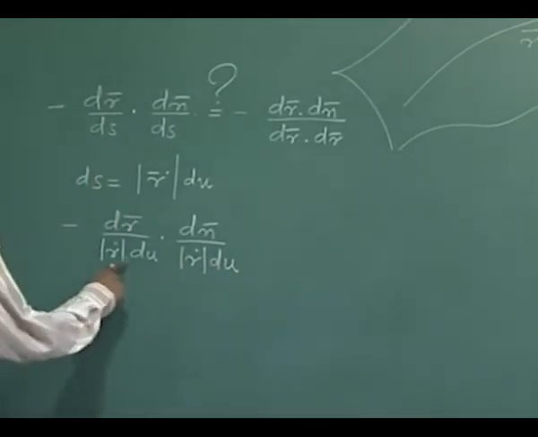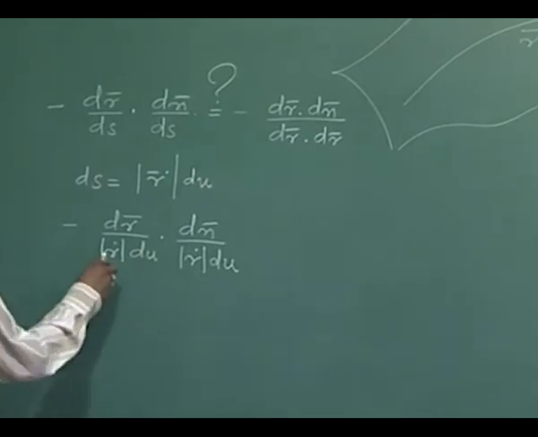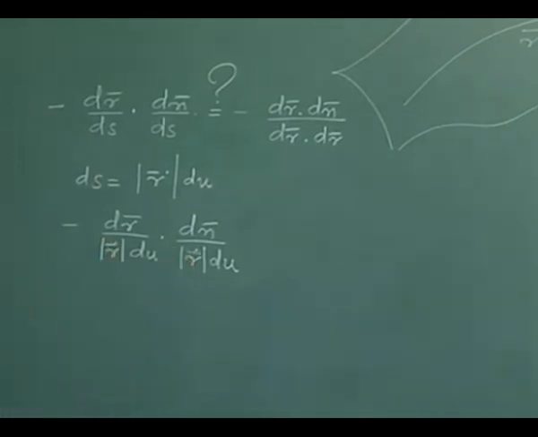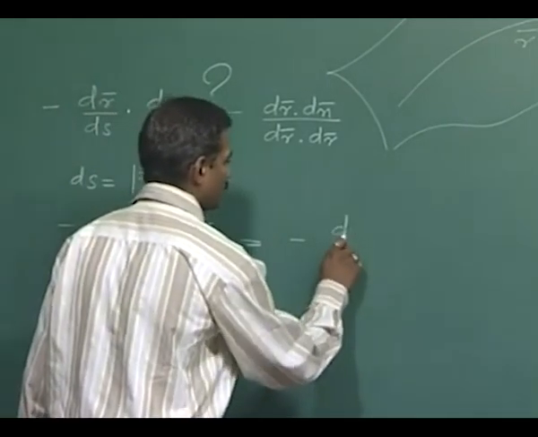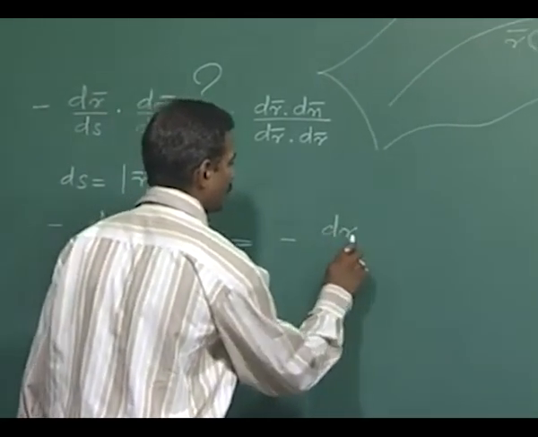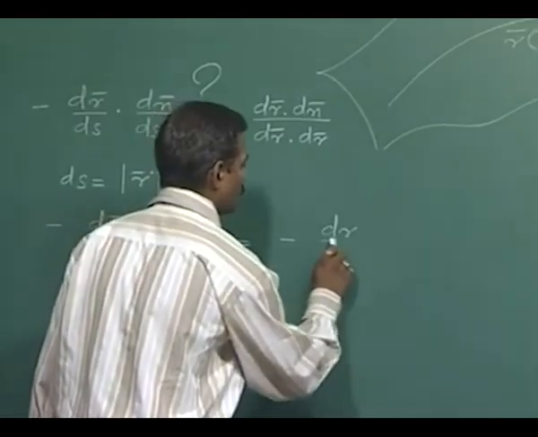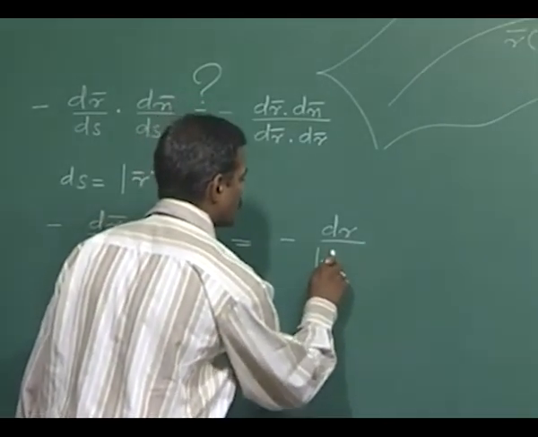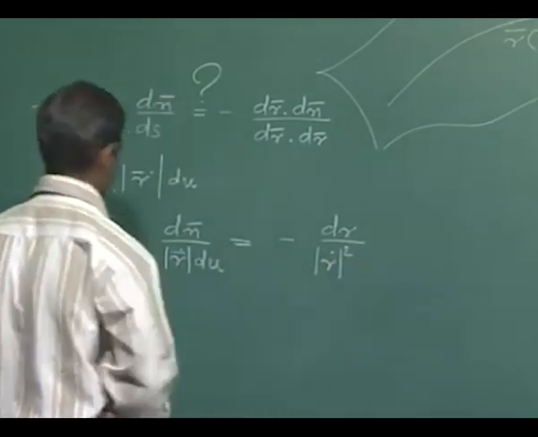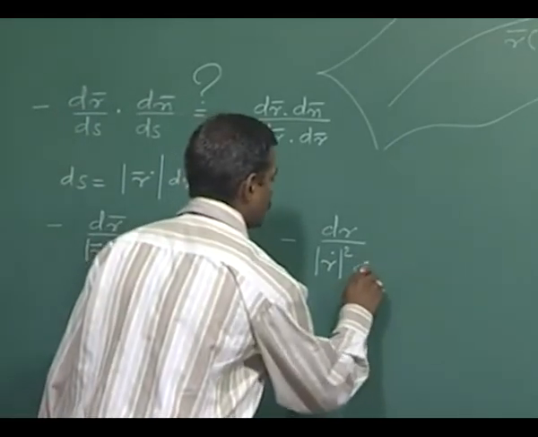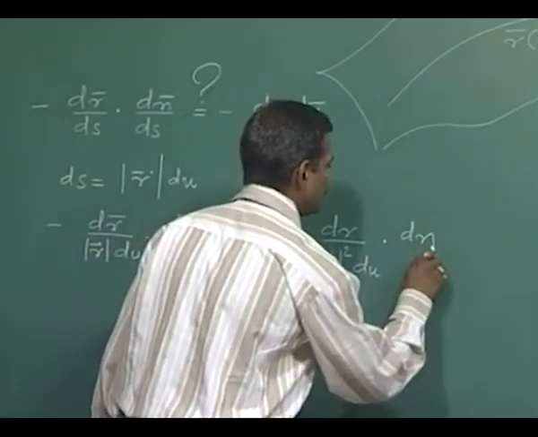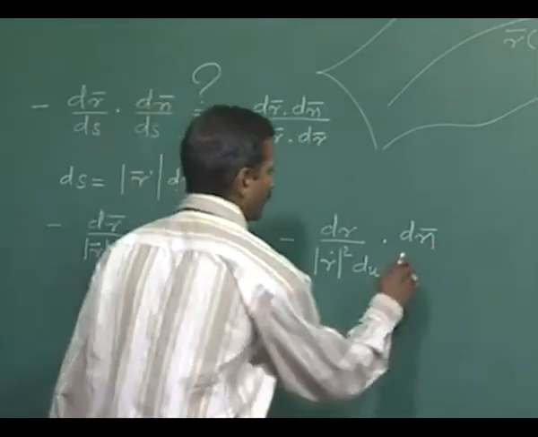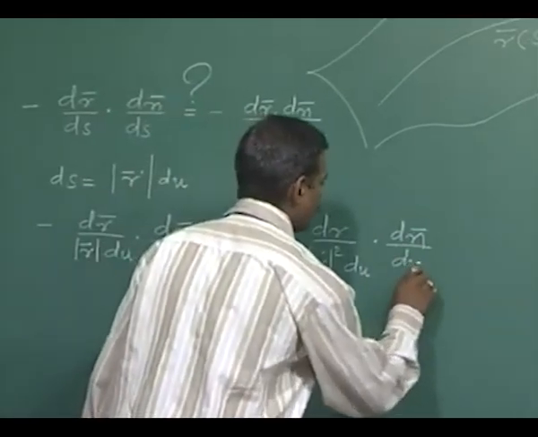Since these are scalars, I can club them together. I can write this as minus of dr over modulus of r dot squared du dotted with dn over du.